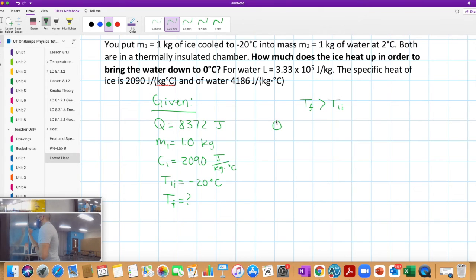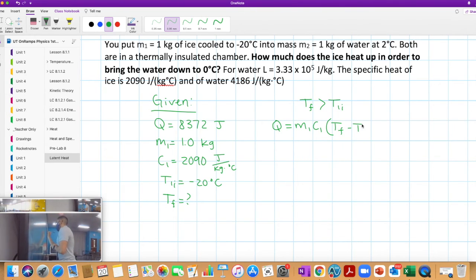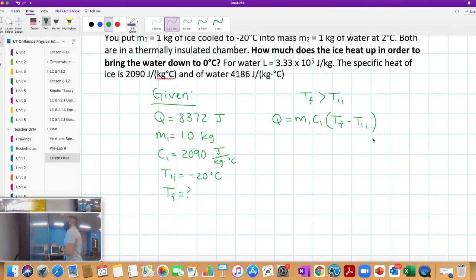So we have Q equals m1 c1 times temperature final minus temperature 1 initial. Okay? So let's solve for temperature final.